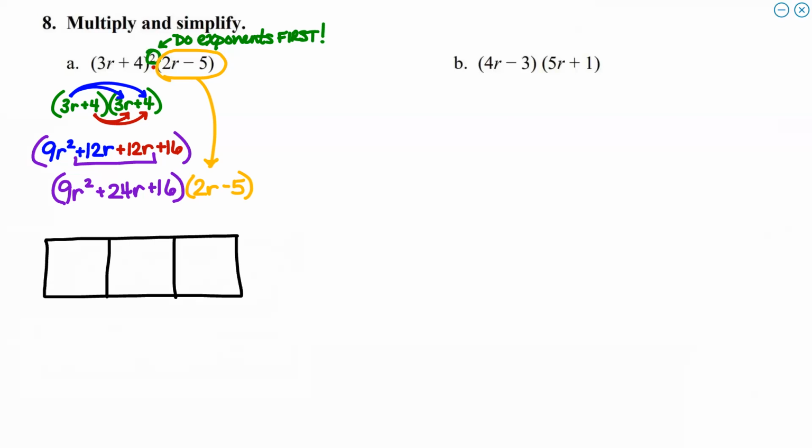So I have 9r squared, 24r, and 16. And my other polynomial has how many parts? 2. So I'm going to take the other side of the rectangle and break it into 2 pieces. And I'll put one term with each part.